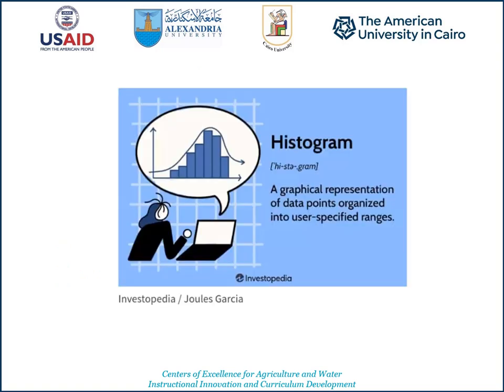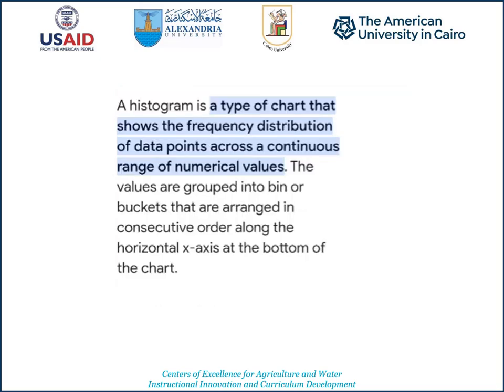A histogram is defined as a graphical representation of data points organized into user-specified ranges. It's a type of chart that shows the frequency distribution of data points across a continuous range of numerical values.